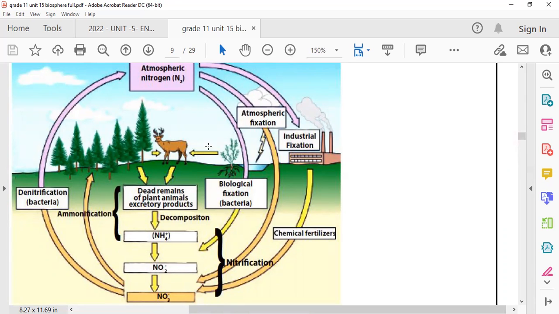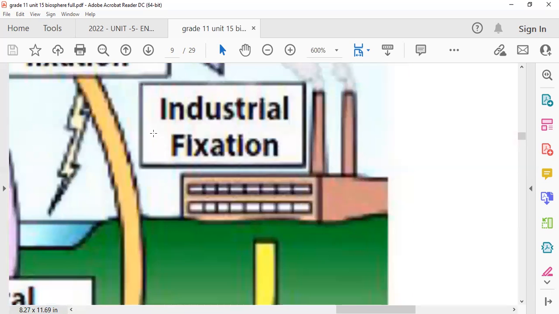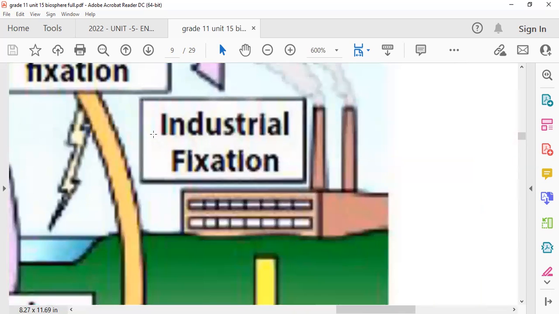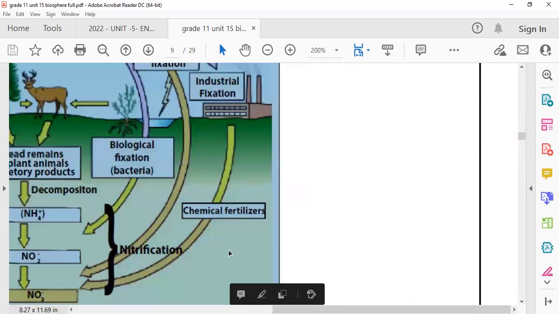Another fixation is called industrial fixation. In industrial fixation, humans are involved. We humans take the atmospheric nitrogen and make chemical fertilizer.